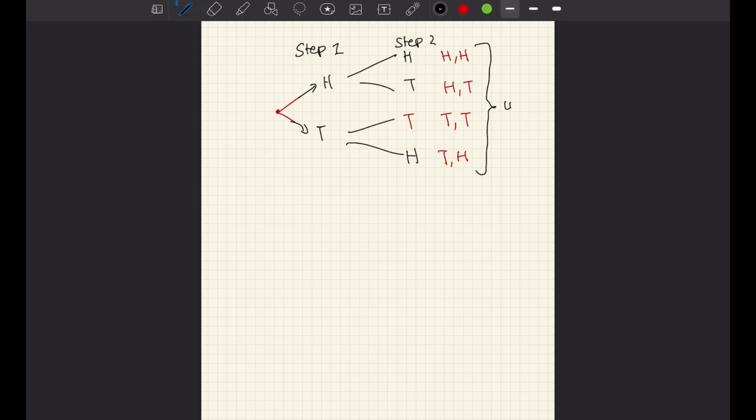So we have 4 possibilities, and the probability of these 4, so heads heads, plus the probability of heads tails, plus the probability of tails tails, plus the probability of tails heads, is going to equal 1. Why is this?